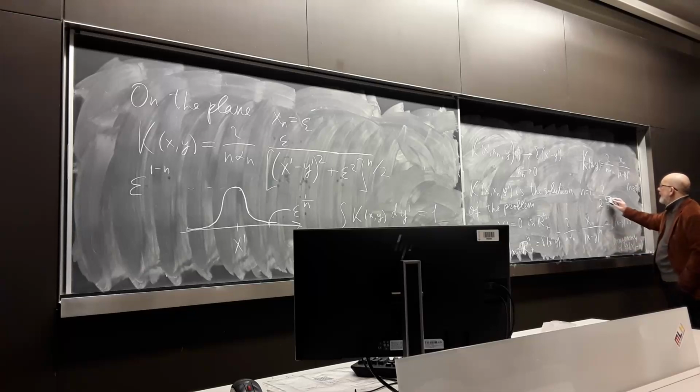The volume of the ball is pi r squared, so the area of the disc is pi.